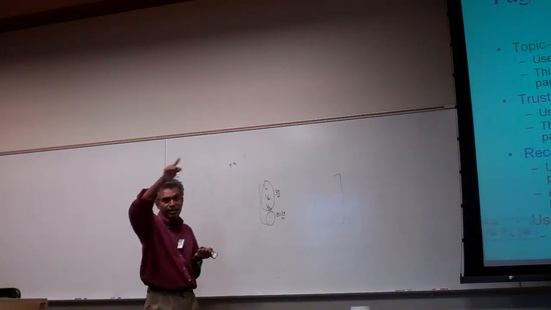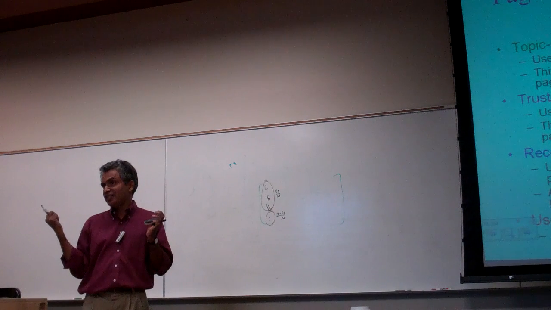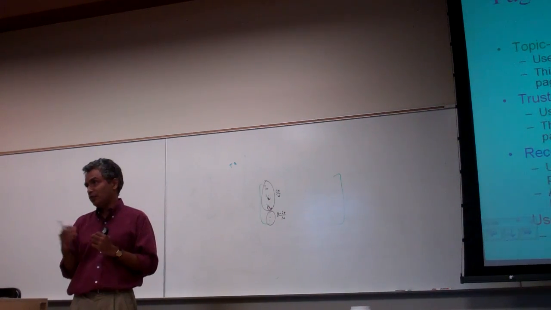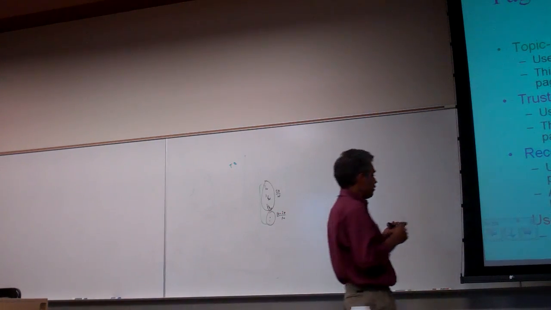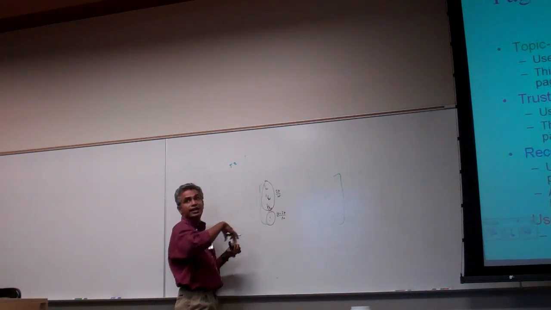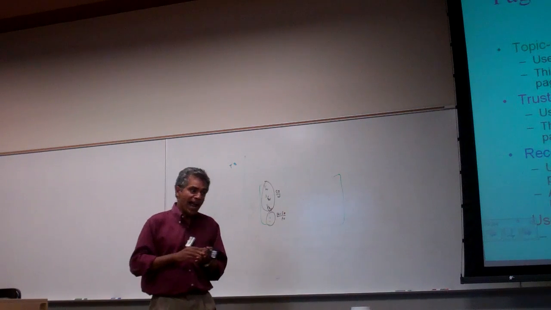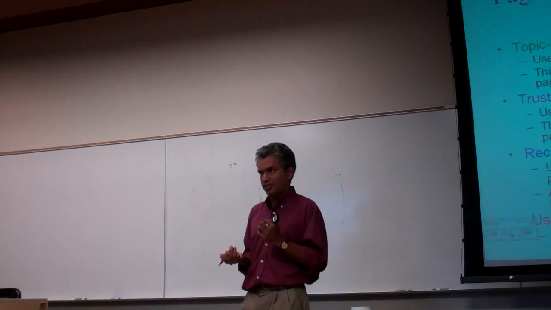That's the whole point of a probability distribution. The total mass under the distribution is the same. It's just a question of which pages are more likely and which are less likely. You can keep changing that. So in topic-specific PageRank, for the sports rank, we put higher weight on the sports pages and lower weight on the non-sports pages. Now you have to ask me, how did you know which are the sports pages?